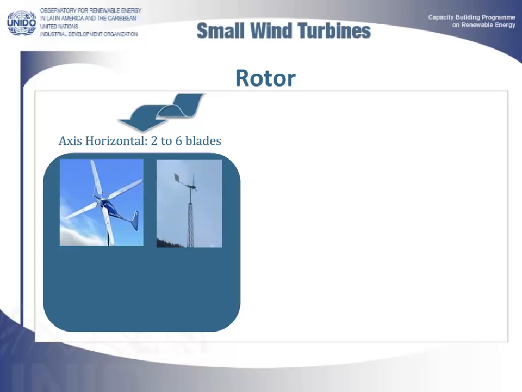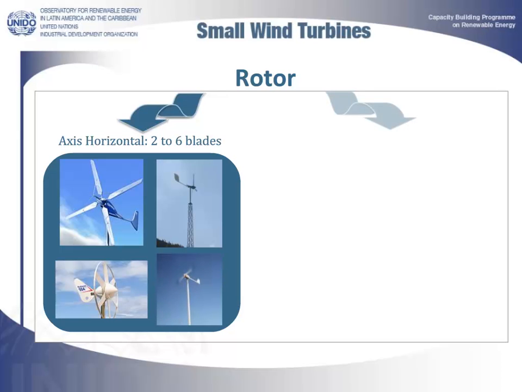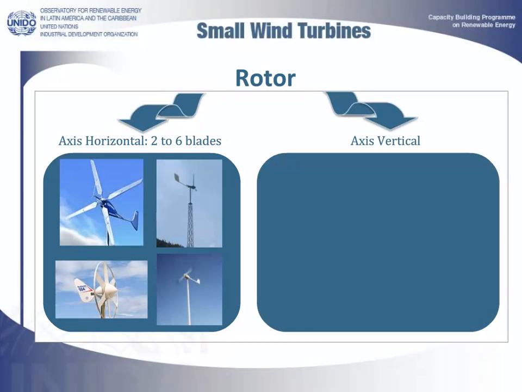Most small wind turbines are horizontal axis, but it is true that in recent years, models of vertical axis turbines have proliferated due to their application in urban environments, where they may have certain advantages with respect to the horizontal axis type.